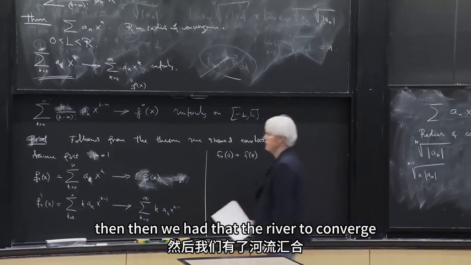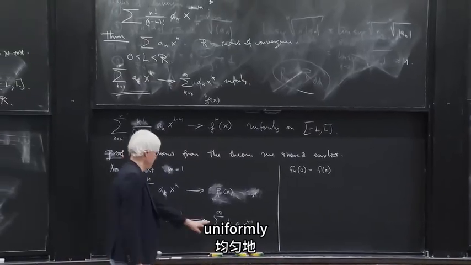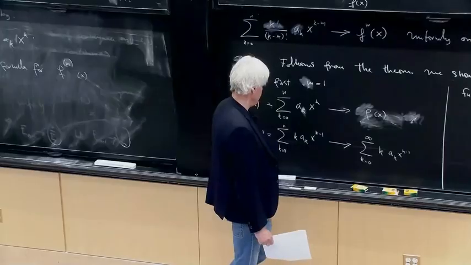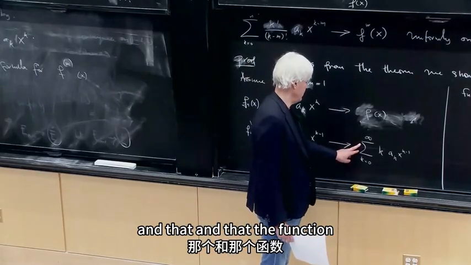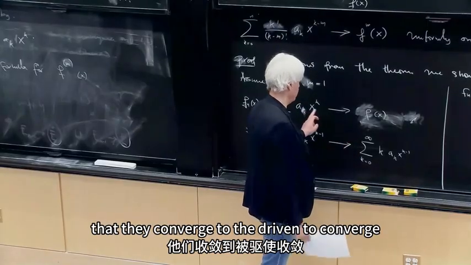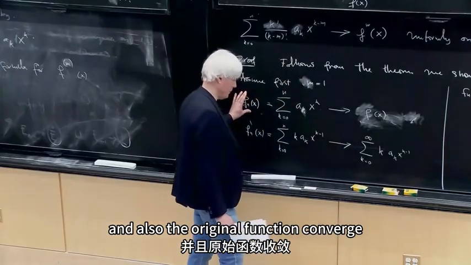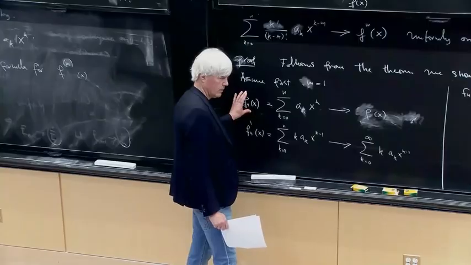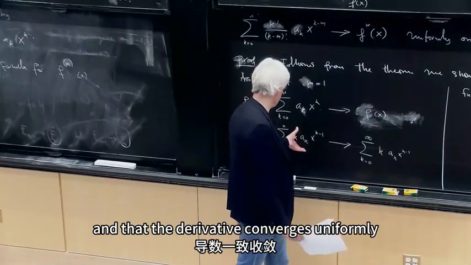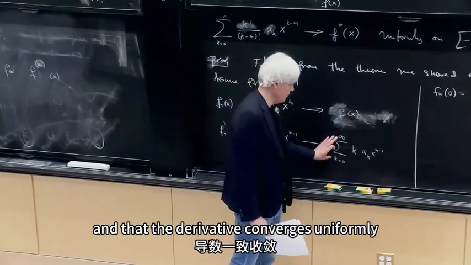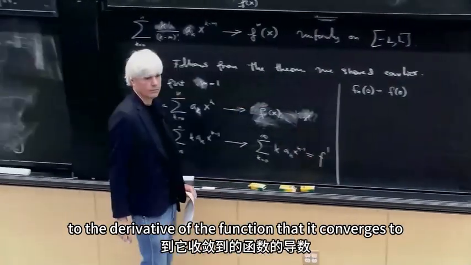Then we had that the derivatives converge uniformly, and also the original function converges, and that the derivatives converge uniformly to the derivative of the function that they converge to.